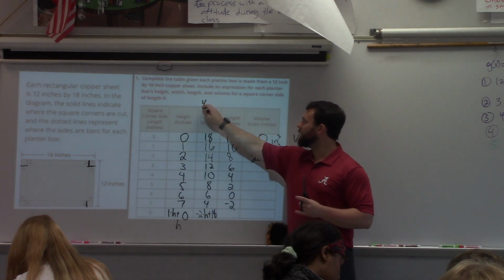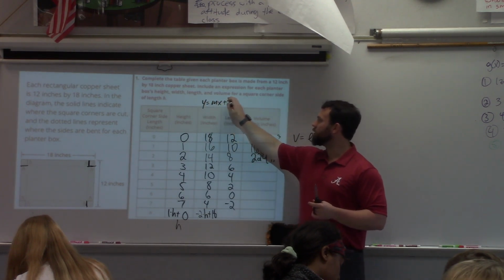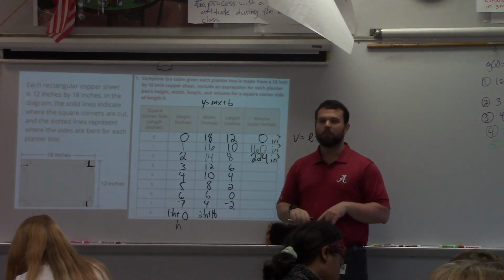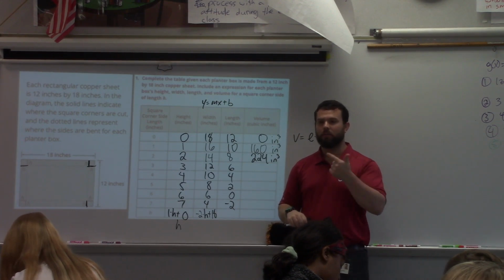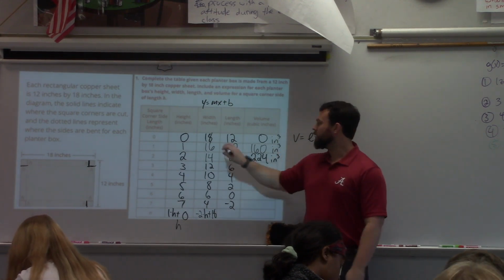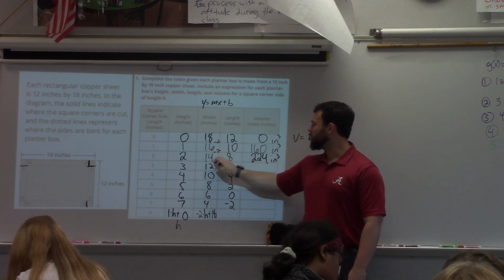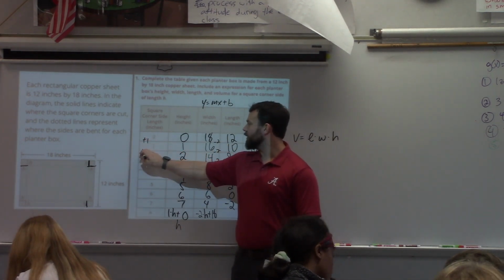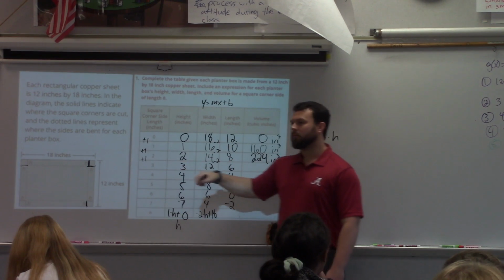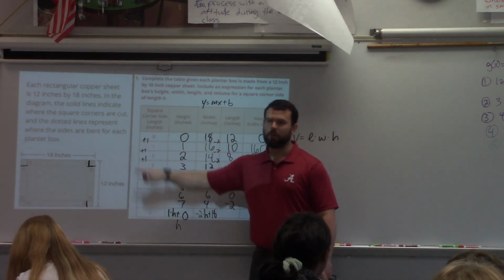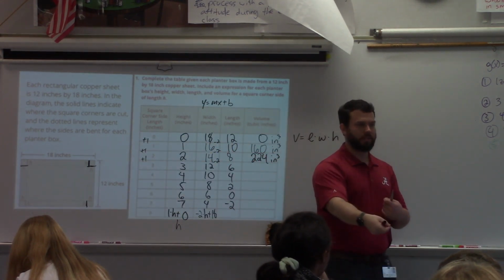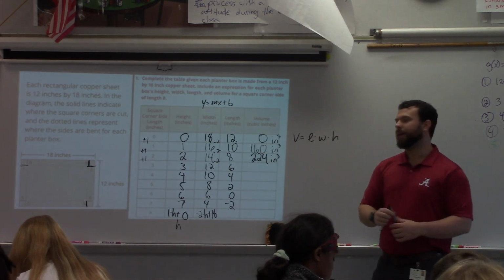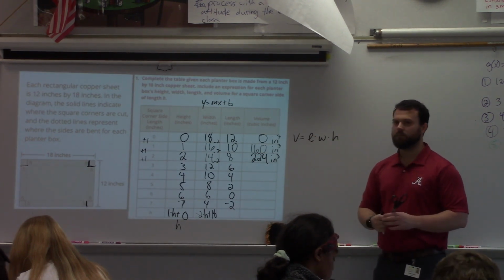Remember guys, these are all linear. Y equals mx plus b. Remember, I need my slope and I need my y-intercept. So Eliza, notice how we're taking away 2 every time this increases by 1, right? And negative 2 divided by 1, change in y divided by change in x, that's negative 2. So negative 2 times h plus 18.